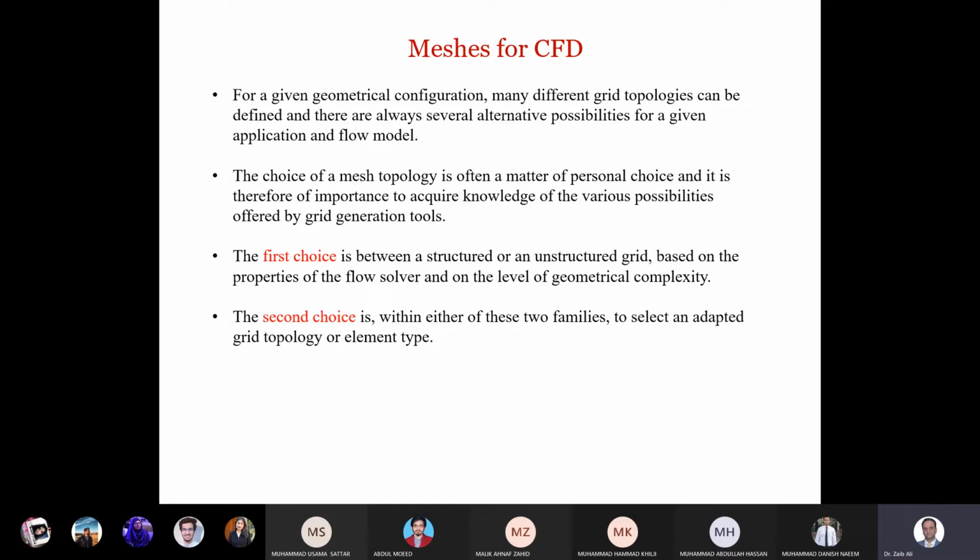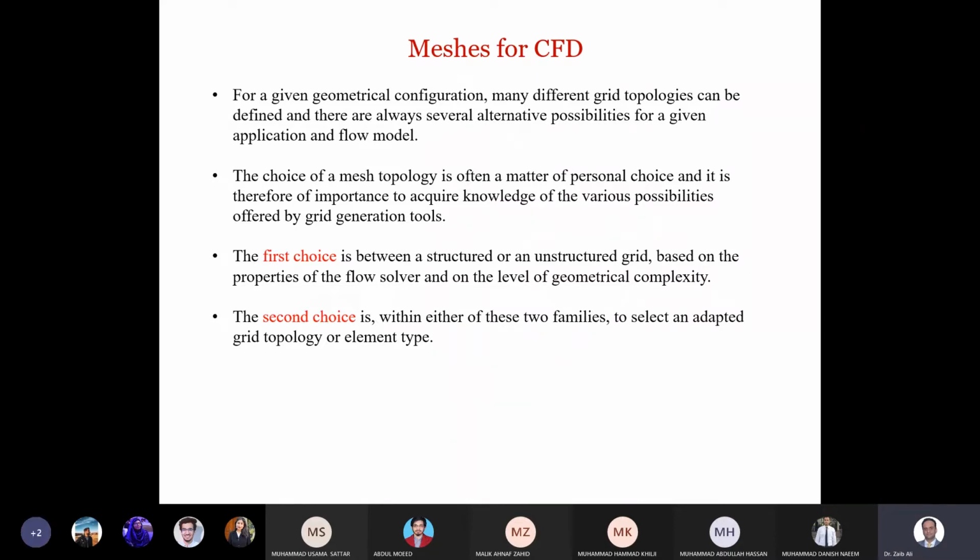The second choice is whether you will be adapting your mesh later on. Mesh adaptation means locally refining the mesh or moving some elements to more critical areas, or de-refining some areas of the mesh based on the flow activity.